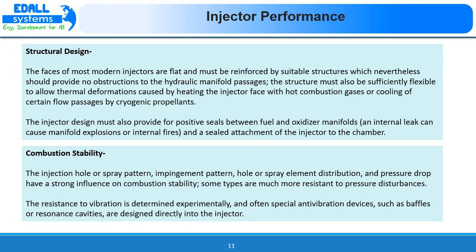The resistance to vibration is determined experimentally, and often special anti-vibration devices such as baffles or resonance cavities are designed directly into the injector. So to provide combustion stability for a combustion chamber, all these techniques are employed inside the injector itself.